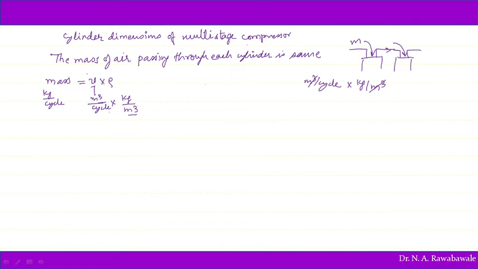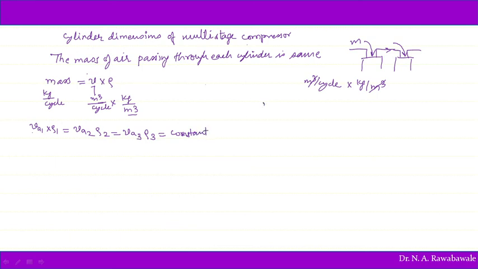So now whatever is the mass of air entering into the first cylinder, we call the actual volume of air entering into the first cylinder VA1 in meter cube per cycle, into the density of air entering into the first cylinder, which is equal to the actual volume of air entering into the second cylinder into the density of air entering into the second cylinder, which is equal to the actual volume of air entering into the third cylinder into the density of air entering into the third cylinder, which is going to be constant.